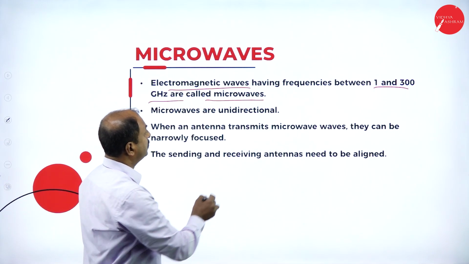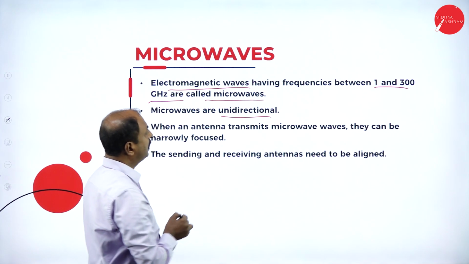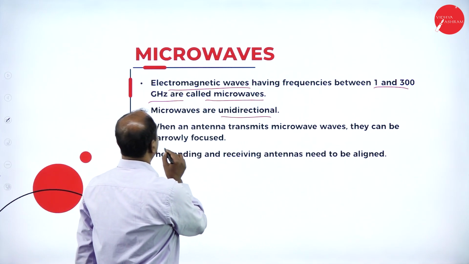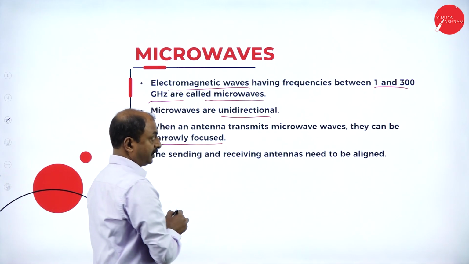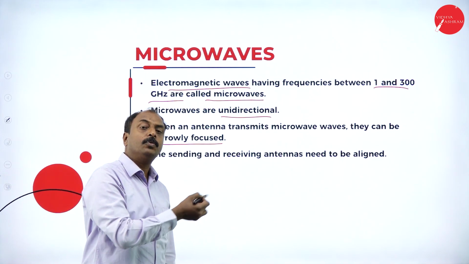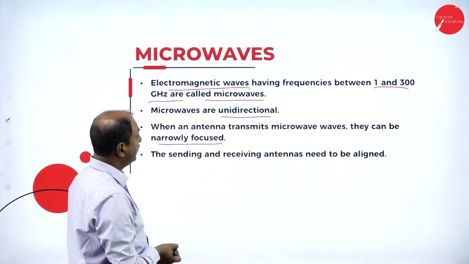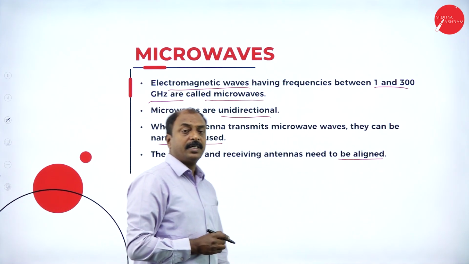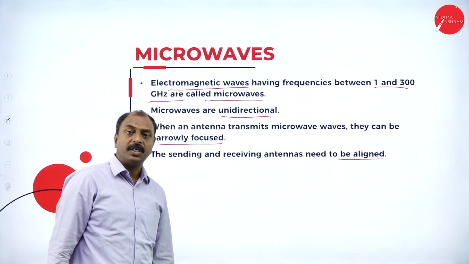It is also unidirectional, and when an antenna transmits microwaves, they can be narrowly focused. Again, it is point-to-point communication, and the sending and receiving antennas need to be aligned. This is the important point in microwave communication.